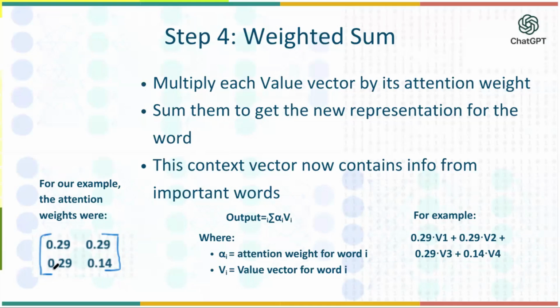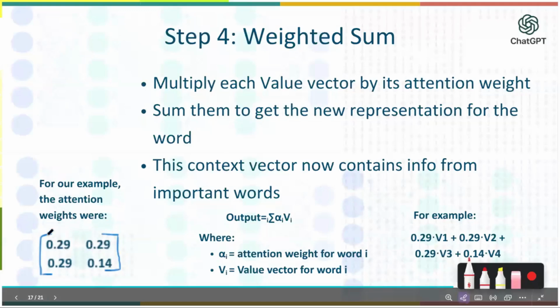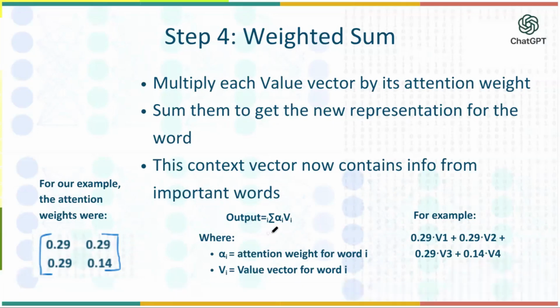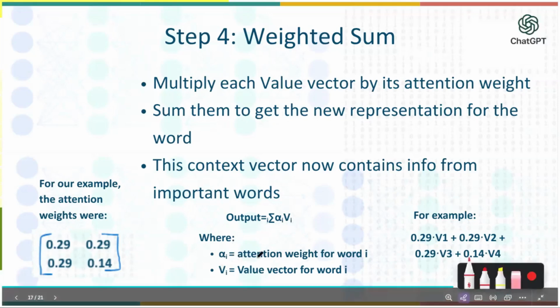This is our example of the attention weights that we calculated in step 3 by applying the softmax. And this is the output. We calculate the output by summing up the attention weight of each token multiplied with the value of each token, where A_i is the attention weight for word i, V_i is the value vector for word i.